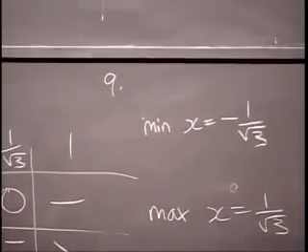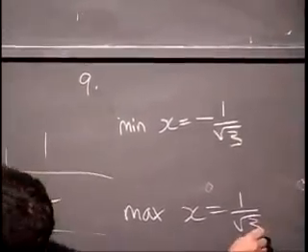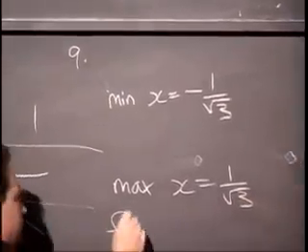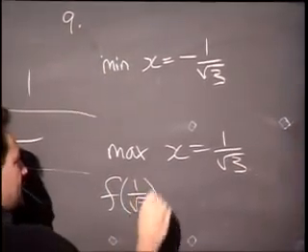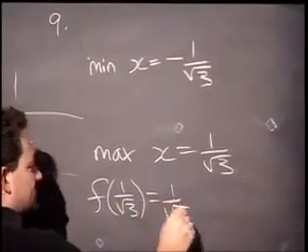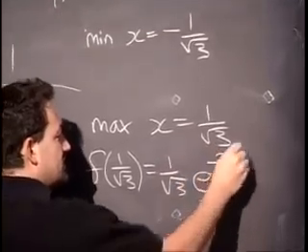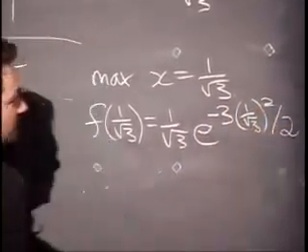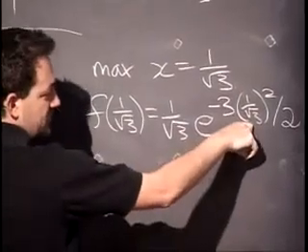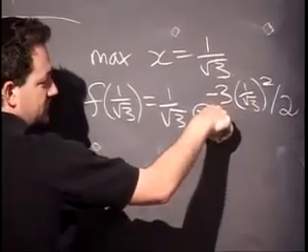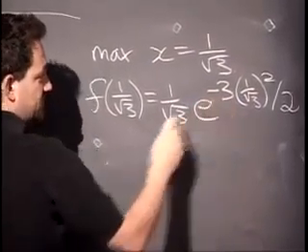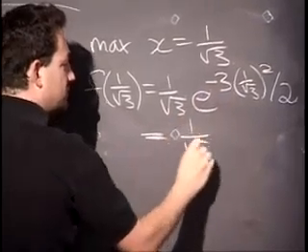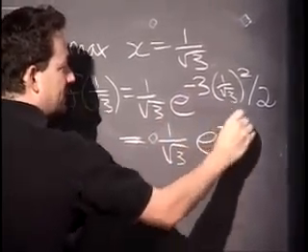So I'm going to plug 1 over root 3, the maximum, into the original. F of 1 over root 3 is equal to 1 over root 3 e to the minus 3 times 1 over root 3 squared over 2. And 1 over root 3 squared is a third. 3 times a third is 1. So this is 1 over root 3 e to the minus 1/2.